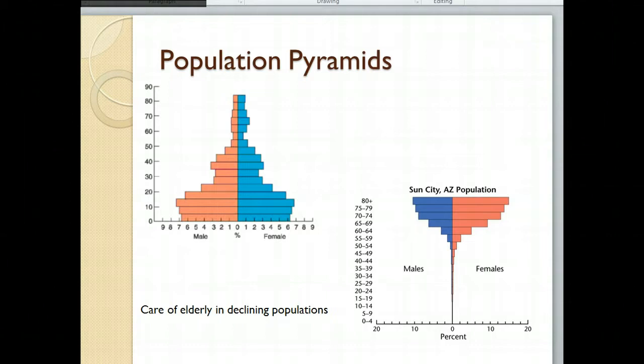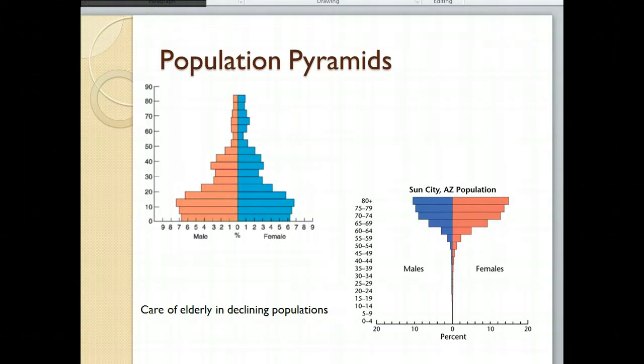A population pyramid is a graph that shows male population on one side, female population on the other, and age ranges as you go up the y-axis. So here is a population pyramid, and it's showing that there are a fairly even number of males and females up until about age 20, and then you get to see a decrease in the number of people.